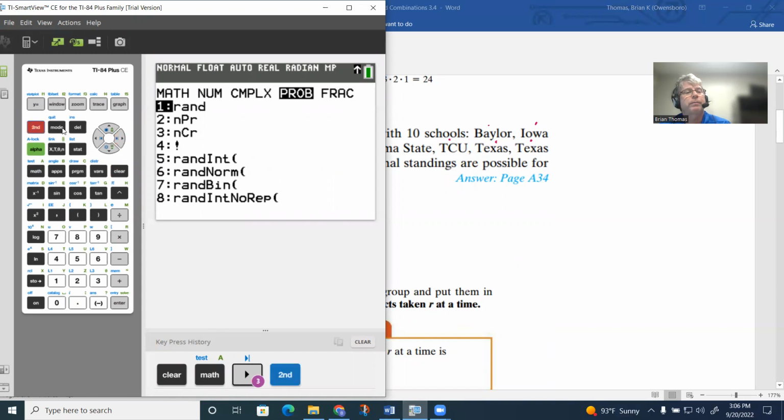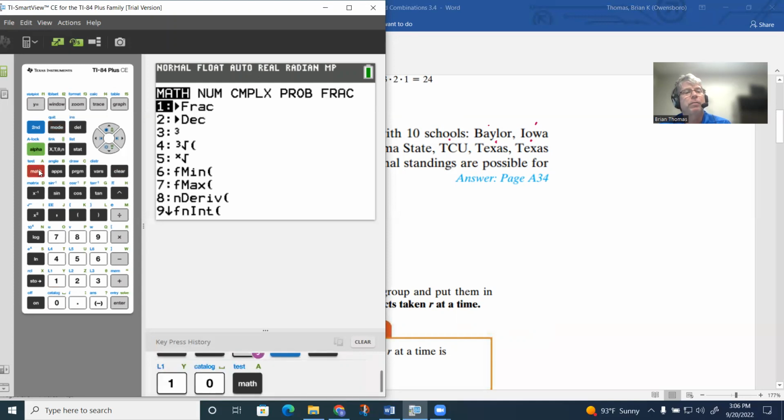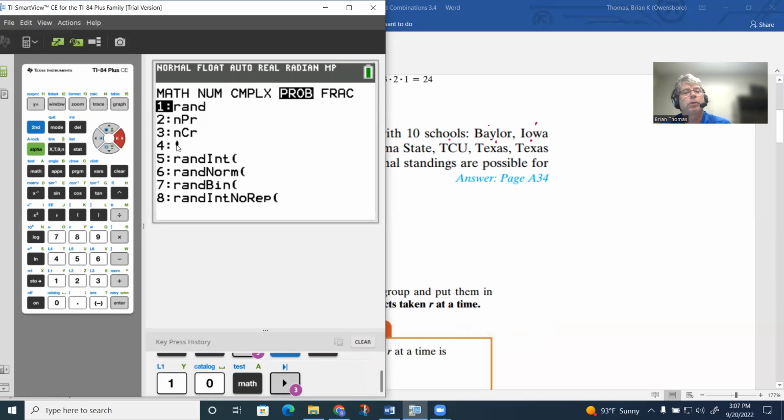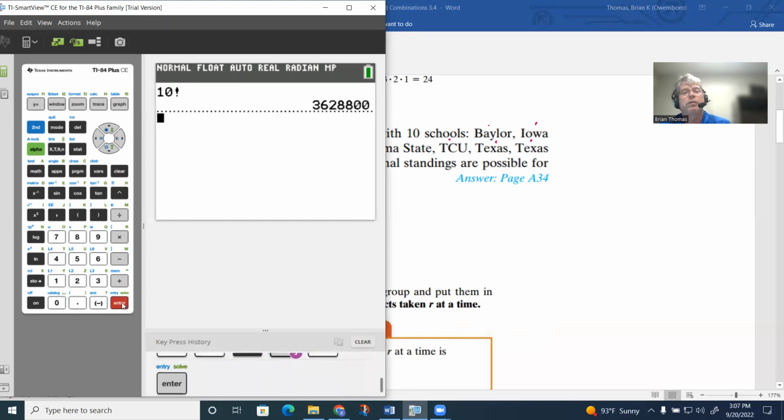So if I want to do 10 times 9 times 8 times 7 times 6 times 5 times 4 times 3 times 2 times 1, I can do that quickly by hitting 10 to start with, hitting the math button, coming over to probability, and choosing number 4 for the exclamation point. If I hit enter, that'll give me 3,628,800. So that would be my answer to that problem, 3,628,800.